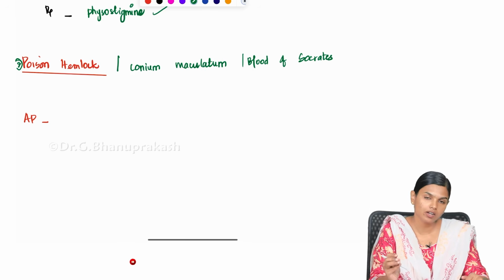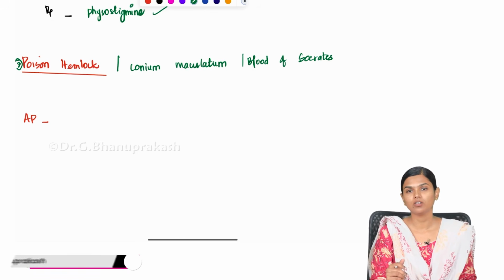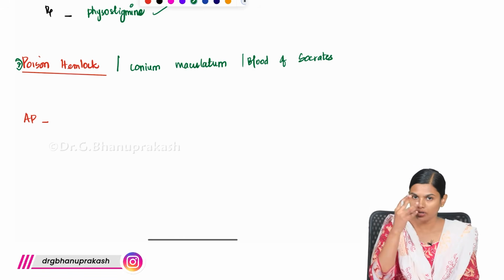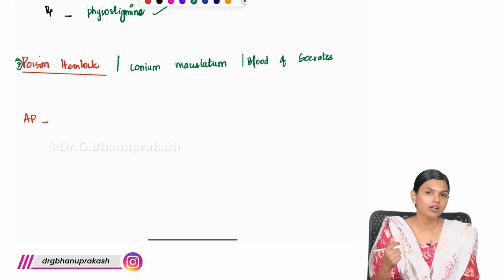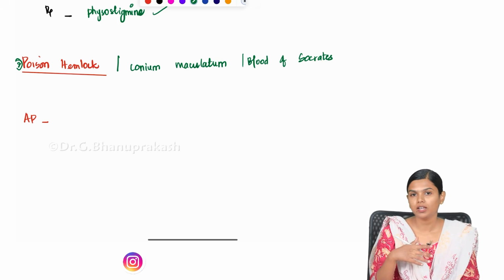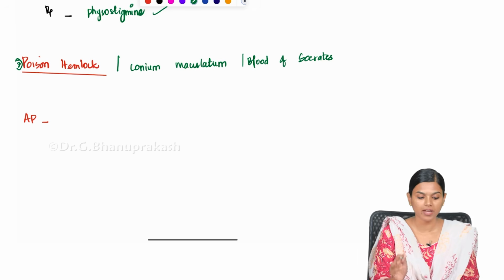He was killed by giving this poison because he had a lot of thoughts and had given a lot of ideas, and during that time people thought all those ideas were very rabid and stupid. So they killed Socrates by giving this poison, Conium maculatum.